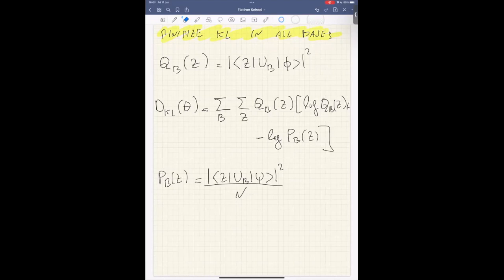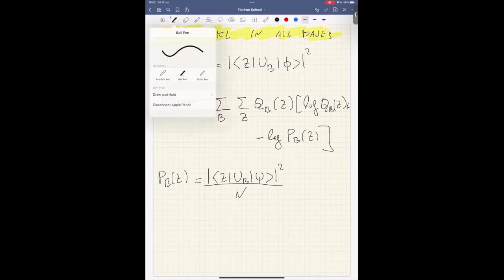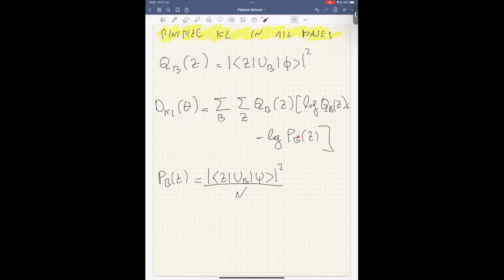Essentially, if it acts only on a few qubits or on a few spins, few means not polynomially many, but constant. Then, if you can do that, you can construct the explicit value of PB of Z, of the unnormalized PB of Z, and then you have all the ingredients that you need to minimize this KL, because then you can take the gradients.